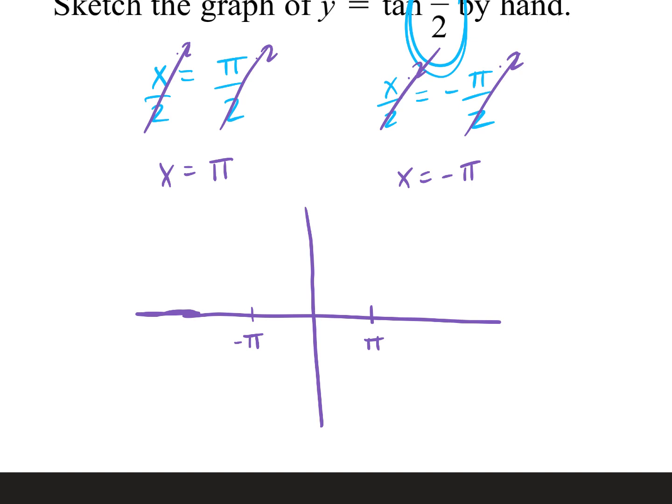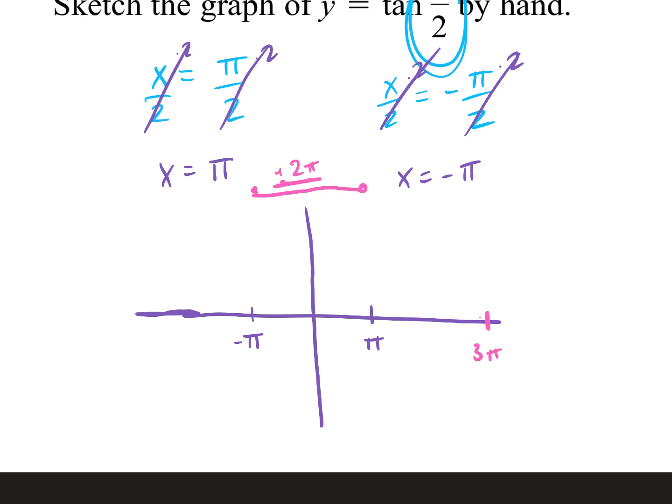Our asymptotes are consistent distances apart. So how far apart is negative pi to positive pi? 2 pi. It is 2 pi apart. So to find what our next asymptote is, I just add 2 pi to get the other one. So what's pi plus 2 pi? 3 pi.